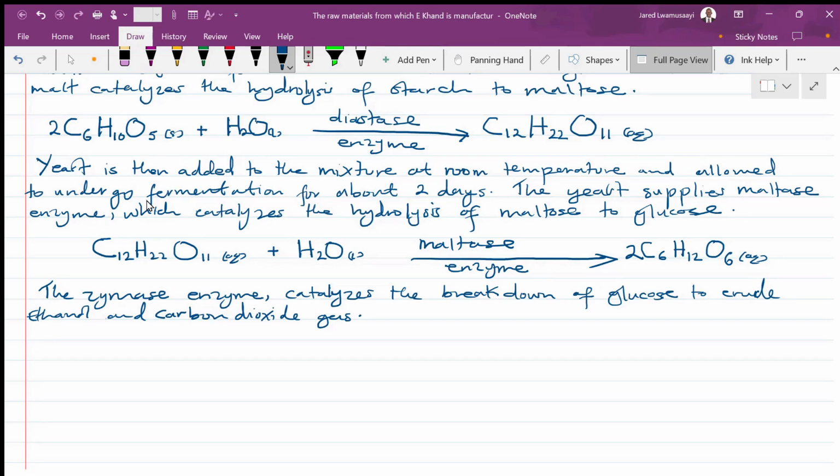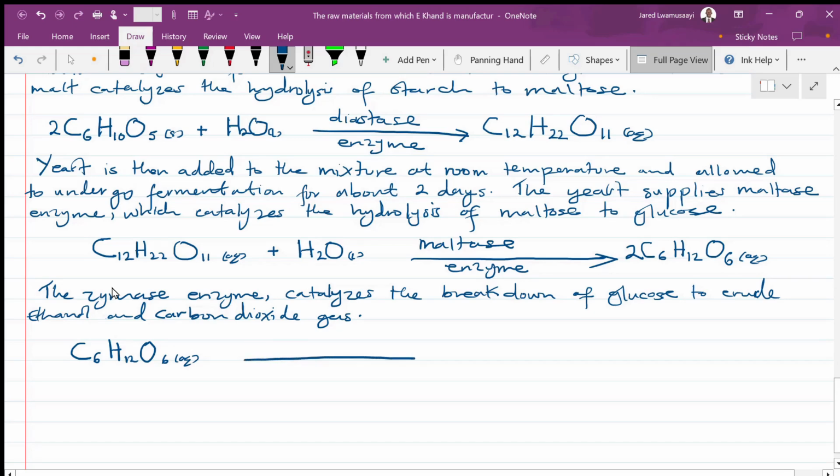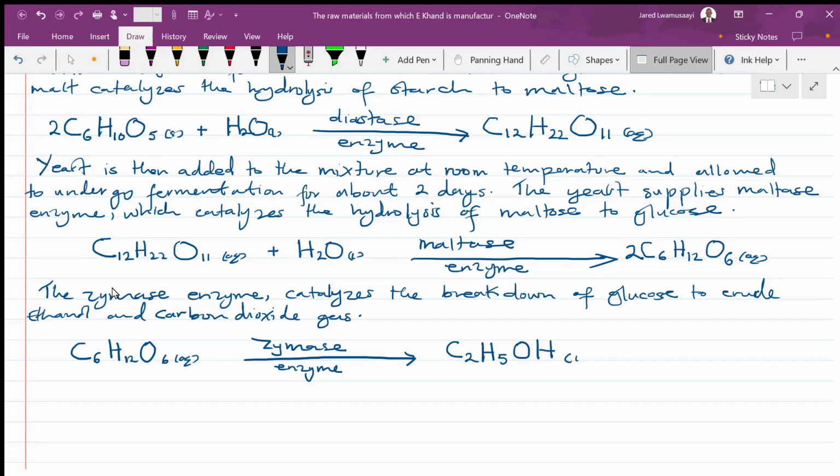So the equation, we shall have glucose under the influence of the zymase enzyme to give us ethanol or crude ethanol, which is liquid, and carbon dioxide gas.